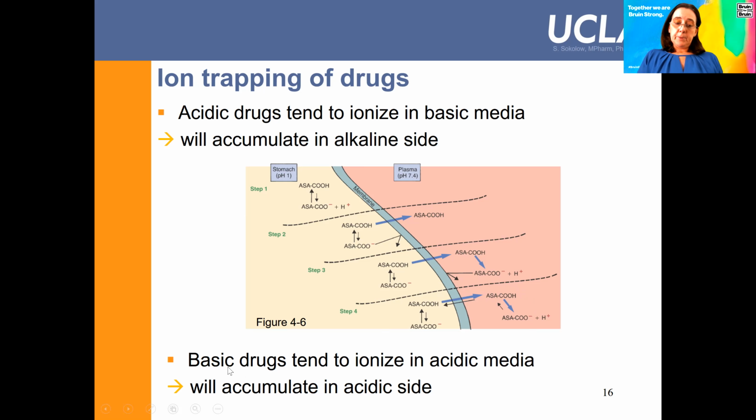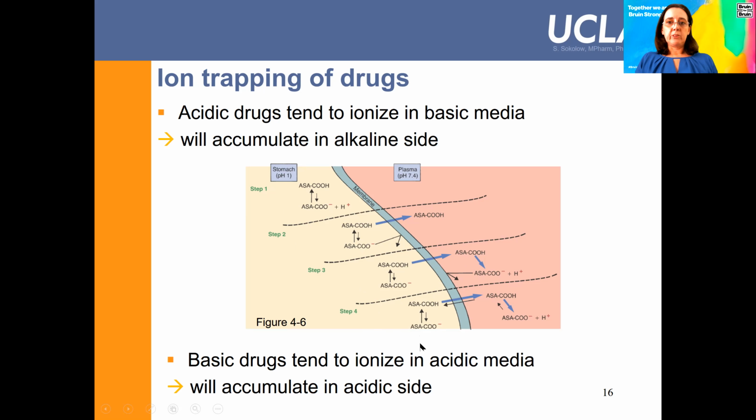Now, the opposite: a basic drug tends to ionize in acidic media. So in the lining of the stomach, if you have a basic drug, pretty much nothing is going to cross to the plasma.